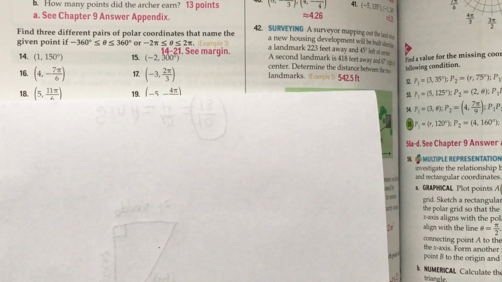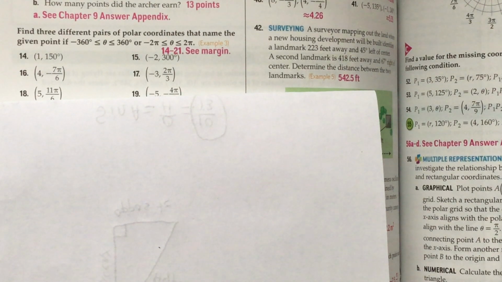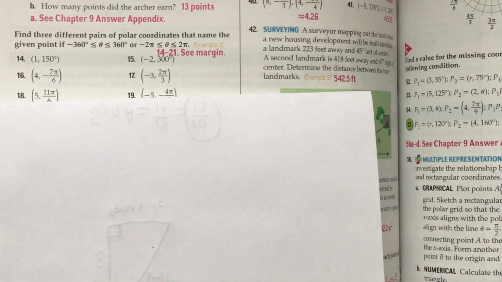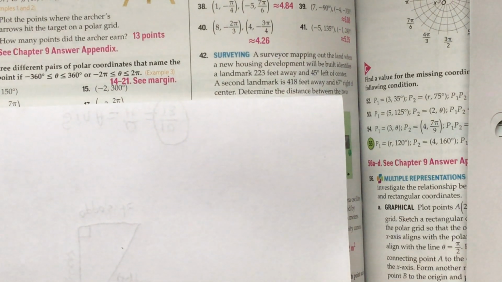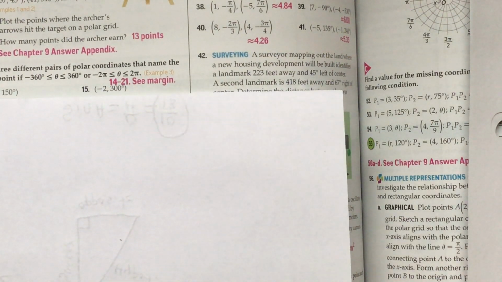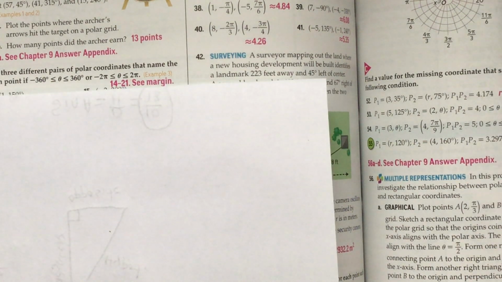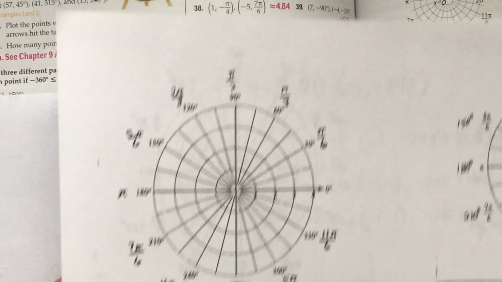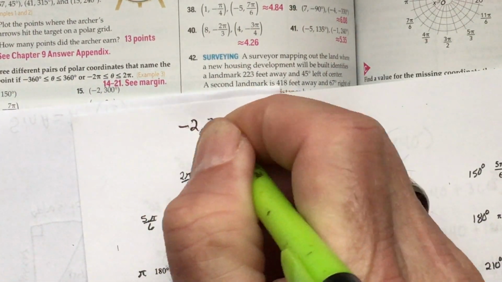Again, our restriction is negative 360 to positive 360, or negative 2 pi to positive 2 pi. So number 15, negative 2, 300.